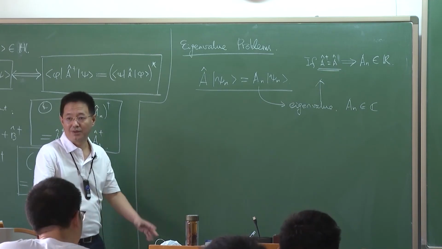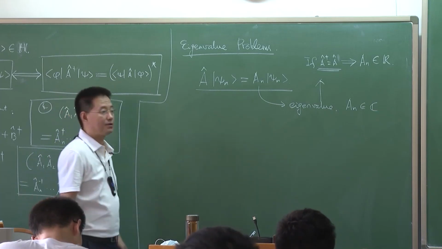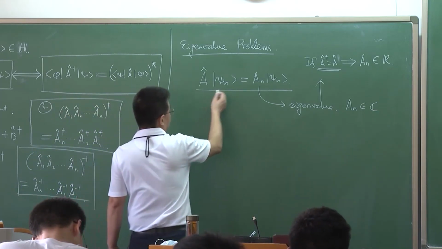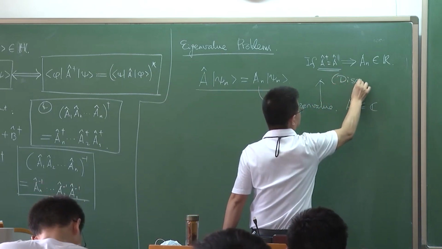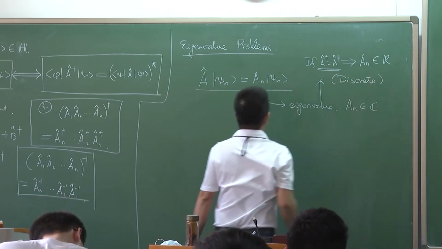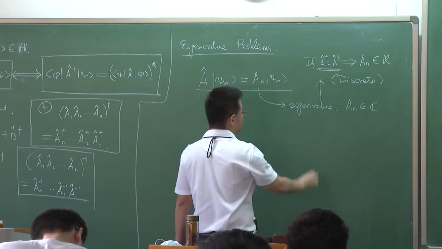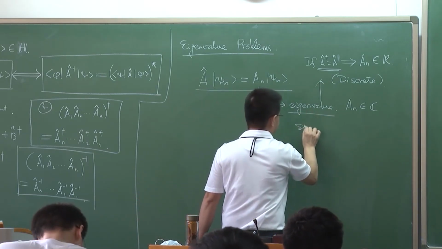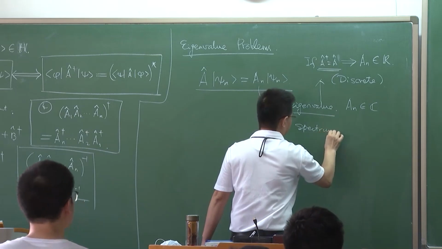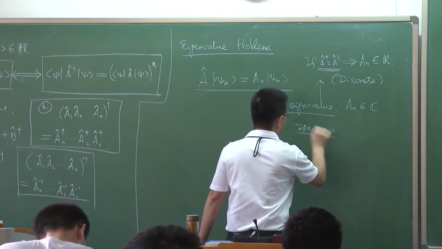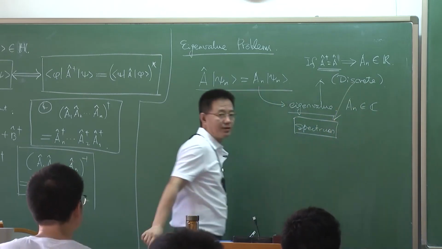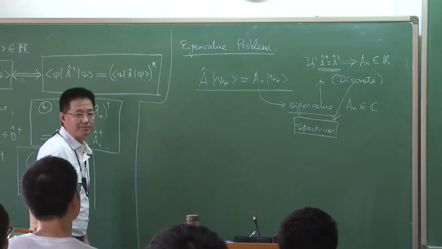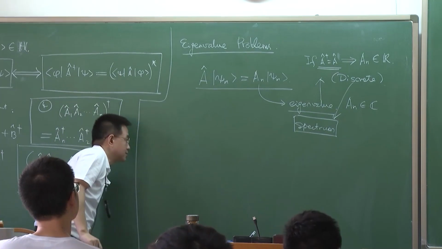When you go home, you can study that from the lecture notes. And this is a discrete case. Each eigenvalue is called the spectrum, and for this case it is called the discrete spectrum.